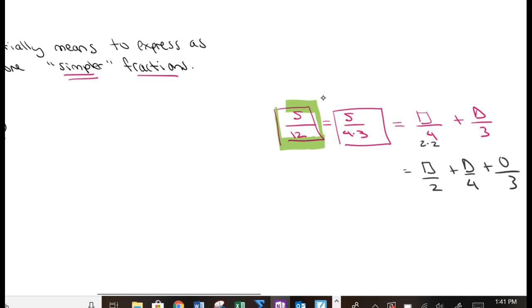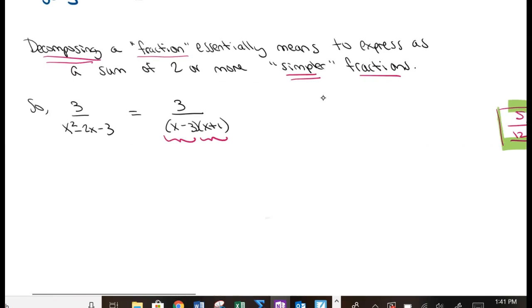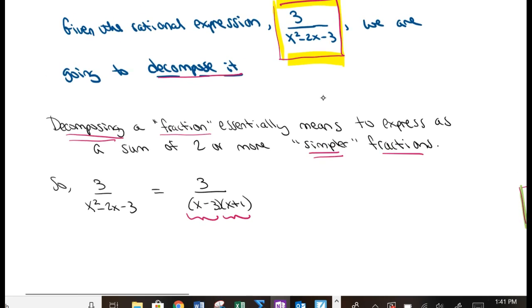So the idea of taking a fraction and expressing it as a sum of two or more simpler fractions comes in very handy in the case of integrating. The first thing I want you to notice is, because you see where we're going, if I had to, for example, integrate, take the antiderivative of 3 over x squared minus 2x minus 3 dx, and some of you may say, well, let's just pull the 3 out.